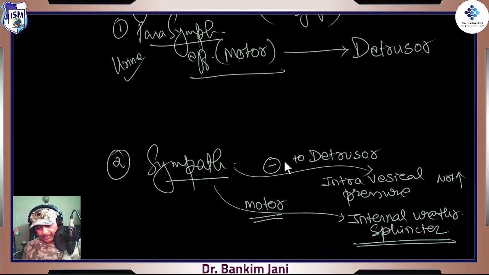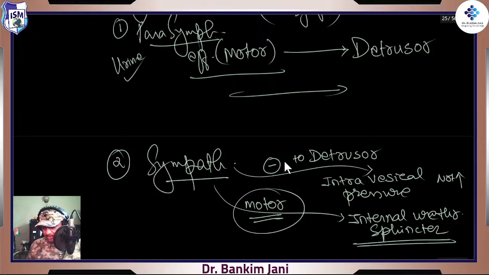So what was happening over here? Parasympathetic were telling detrusors contract, so empty the bladder, right? Sympathetic are telling no, detrusors don't contract, relax. So bladder capacity is increasing, and urine is getting collected. But that urine can dribble out. So then comes the internal urethral sphincter, which is motor. It will say, come on, contract, right? And that's what really happens in the normal course.